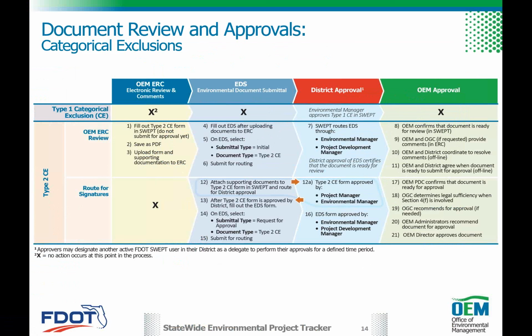Ultimately, when all the comments are addressed and you're ready to route for signatures, you complete the Type 2 form. You approve it locally, and you begin to route it up through district and up to OEM. Again, you're doing request for approval, it's Type 2, and you begin the route. Everybody certifies at the district level that it's complete, and then it moves on to the PDC, who reviews all the materials.